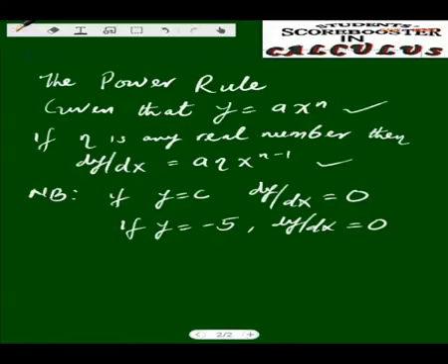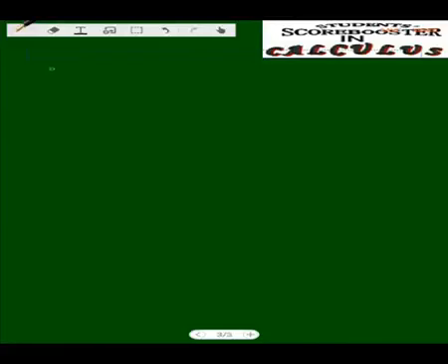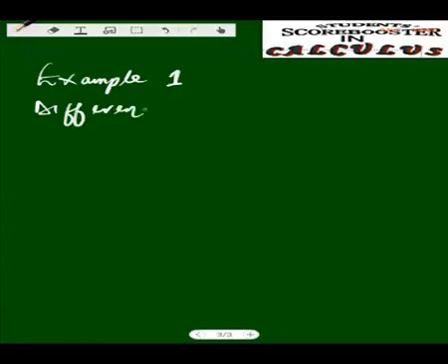Let's take some examples. Okay, example 1 now. Differentiate y is equals to 2x raised to power 3.